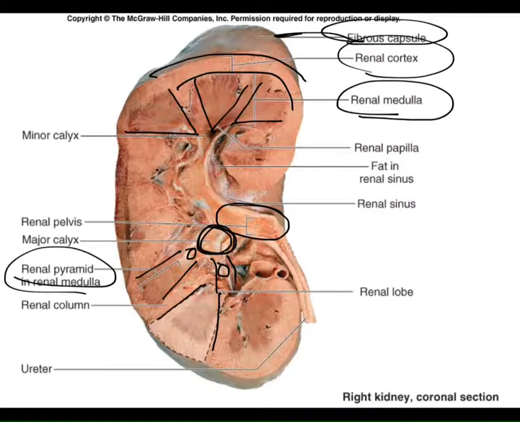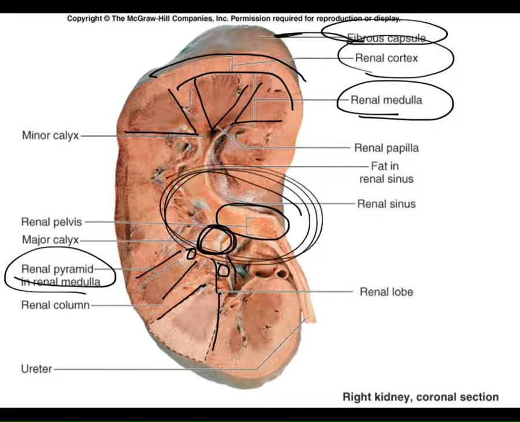Now by the time the stuff gets to the calyces and into the renal pelvis, it's now urine. We're going to see that all the filtrate will be modified into urine in the tubes of the nephron, and by the time that fluid gets to this area of the kidney, it is urine, and all it's going to do now is go down the ureter to the bladder, get stored for a short while, and then released through the urethra.